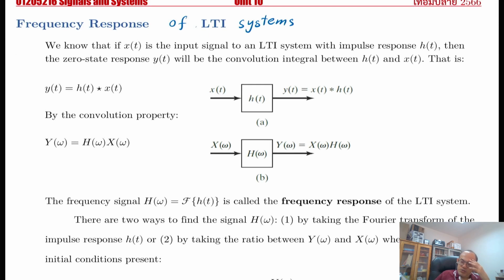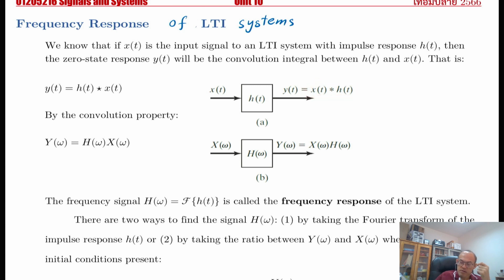From chapter 2, if we have an LTI system characterized by this impulse response h, and x as the input, then the output will be the time convolution between x of t, the input, and the impulse response h.